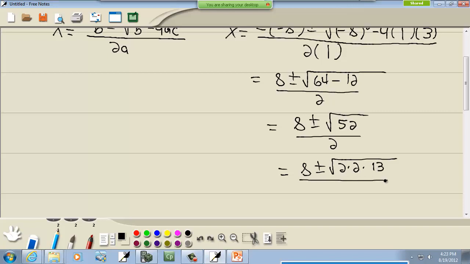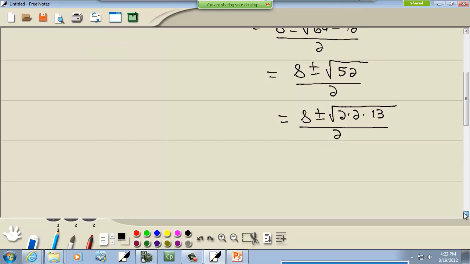Yeah, over 2. Remember, with a square root, we're looking for a pair of whatevers. Here's a pair of 2's. That pair of 2's is going to come out in front as a single 2. So we've got 8 plus or minus 2 square root of 13 over 2.